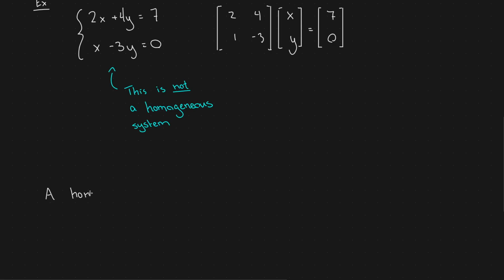A homogeneous linear system is always consistent because setting all variables equal to 0 is a solution.